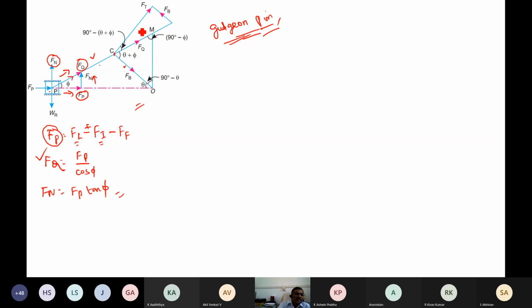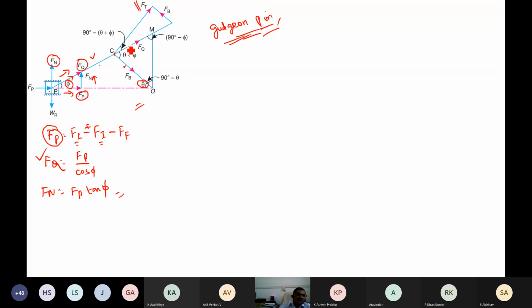Now we have to calculate the value of Ft. So how to calculate the value of Ft? Now I am going to form a triangle. You know this value is theta, and this value is phi. Now I am drawing a line parallel to this.